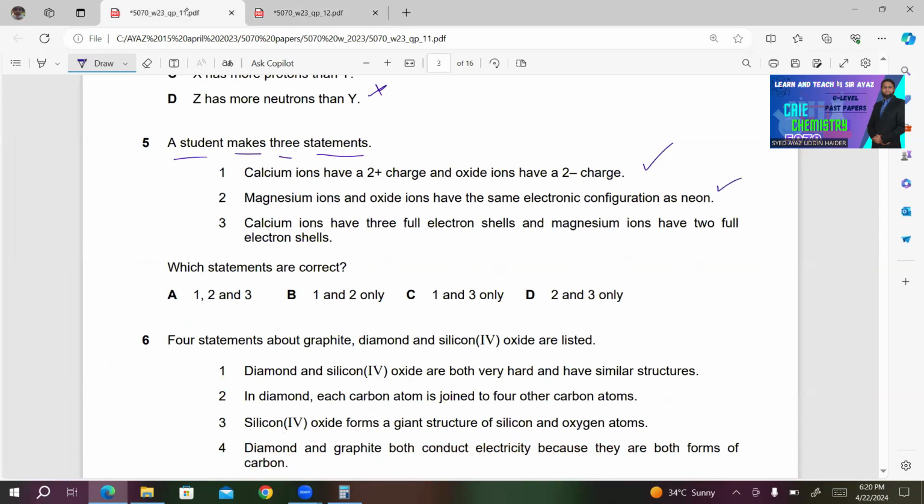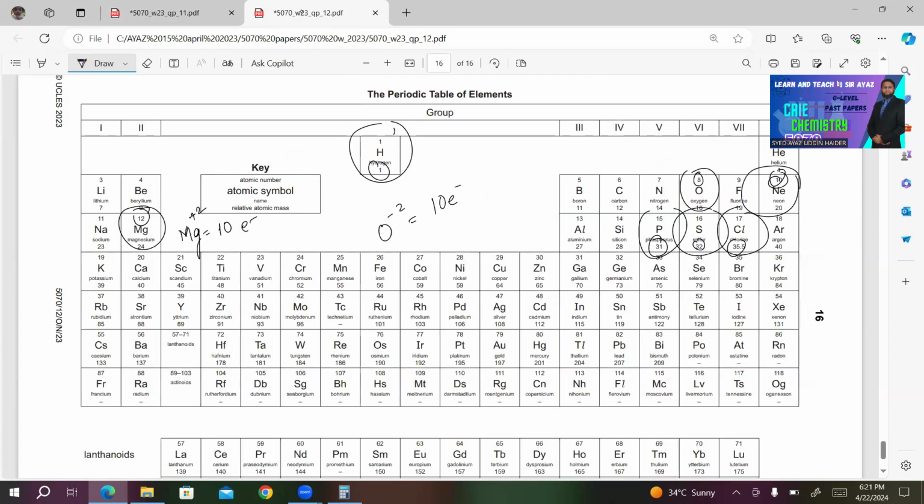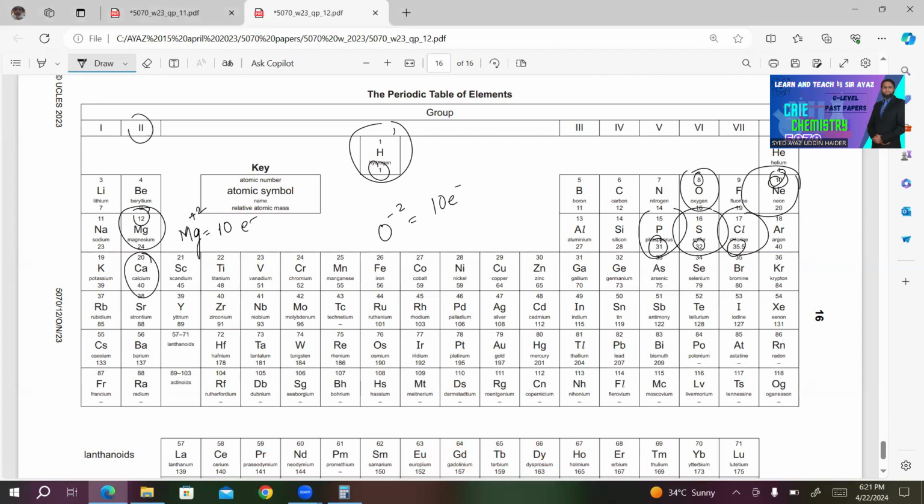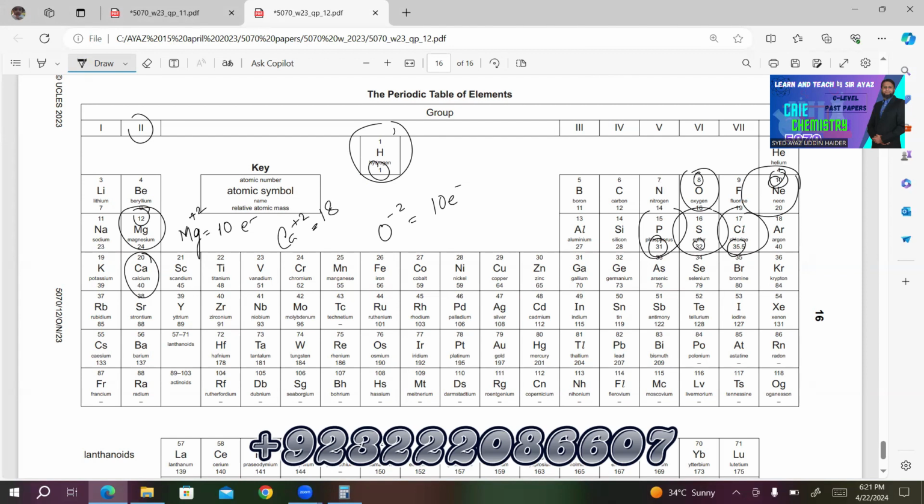3. Calcium ions have 3 full electron shells and magnesium ions have 2 full electron shells. Calcium ion, where is calcium? Calcium is in the 4th period and it's in group 2. So it will also lose 2 electrons like magnesium, and then it will be left with 18 electrons instead of 20.